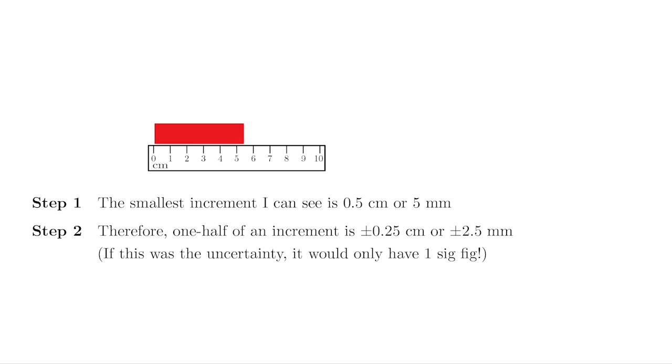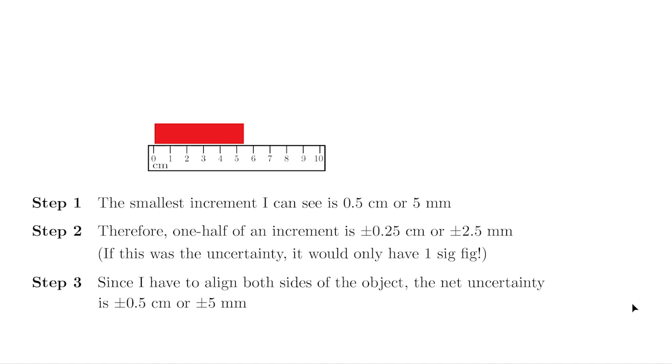Now, if this was the uncertainty, that would have to be converted to just a single significant figure, because in our physics class we are saying that uncertainty always has only a single significant figure. But since I have to align both sides of the rectangle that I'm measuring to the ruler, the net uncertainty is double that, and so we get back to a net uncertainty of plus or minus 0.5 centimeters, which is plus or minus 5 millimeters.